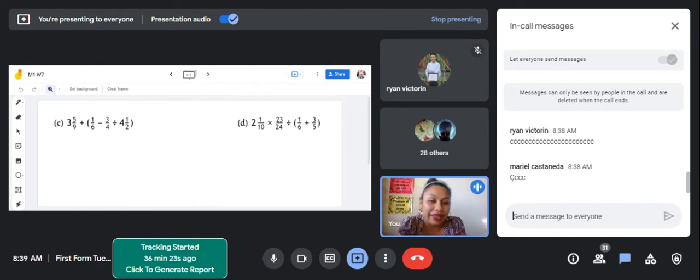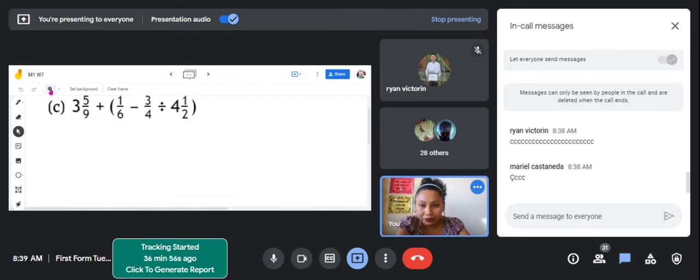And if you take a look at D, D has multiplication, division, and addition, and then you have that kind of a big fraction, 23 over 24. But when you look at fractions, and I know that a lot of students are afraid of fractions, you don't like working with fractions. But fractions are very easy once you understand what it is that you're doing, right? So in this case, I'm going to be doing C with you guys.